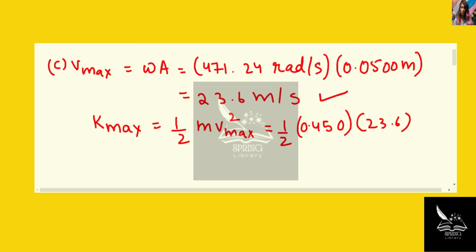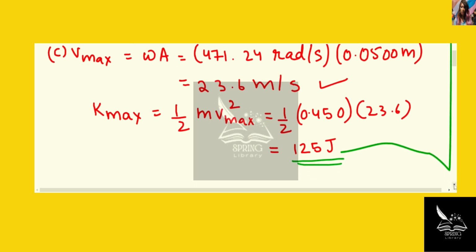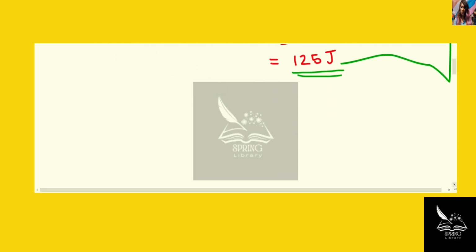So the answer would be 125 joules. In order to find out the kinetic energy, first we have to find out the maximum velocity. Maximum velocity we have found out.